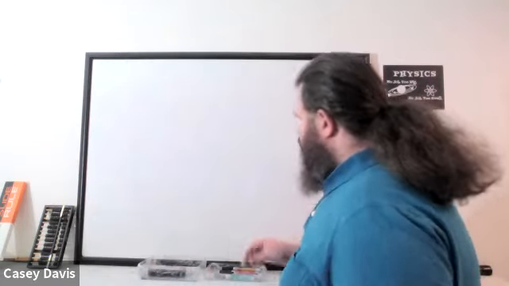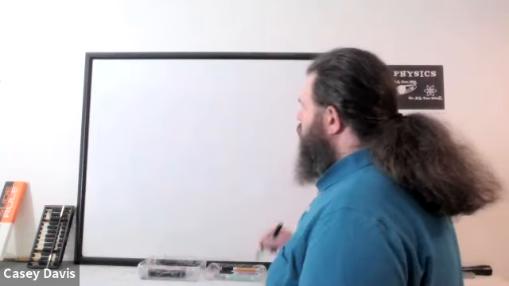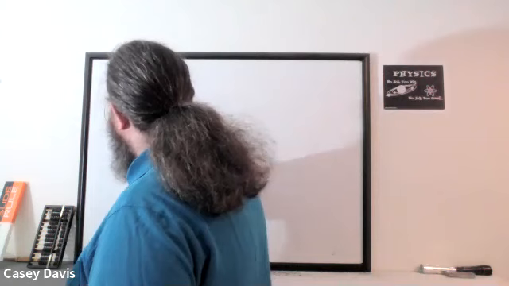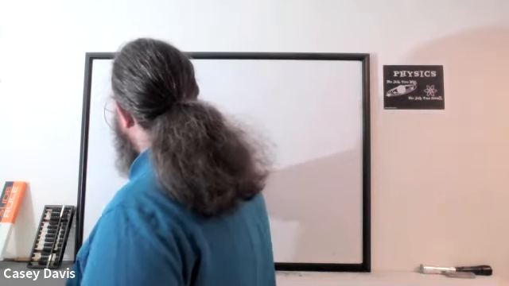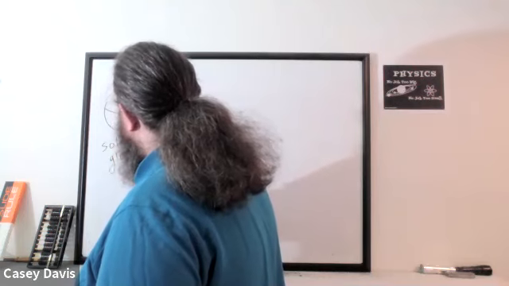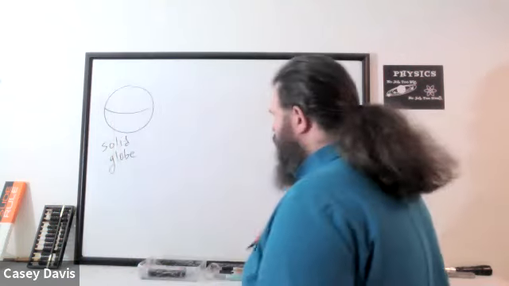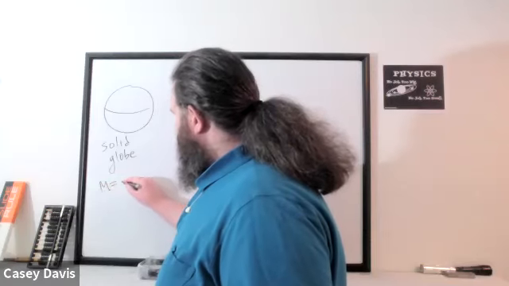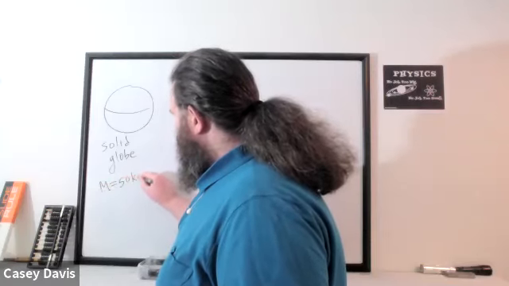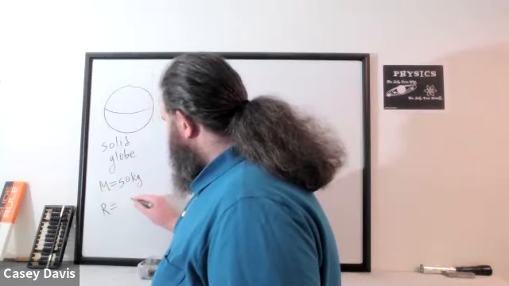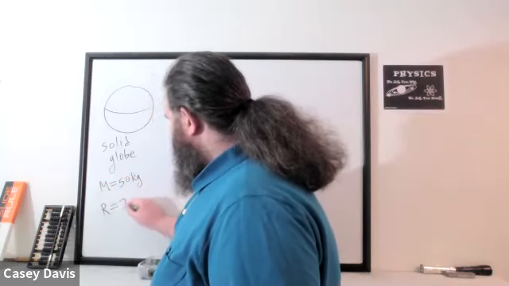Let's say you have a solid ball, a solid globe with mass 50 kilograms and radius 2 meters.